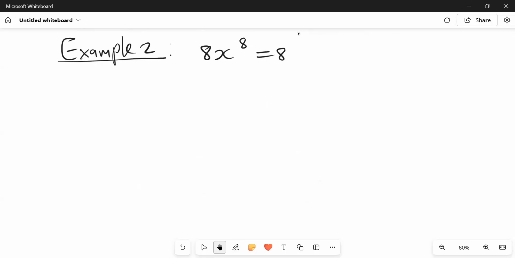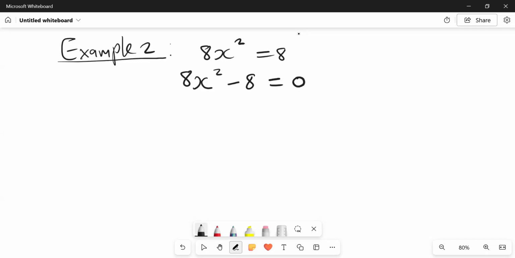Let's start with the first step, to let our left-hand side or the right-hand side equal to 0. So you transpose. And then after transposing, take out your common factor. Now you have your 8 times x squared minus 1 equals to 0.